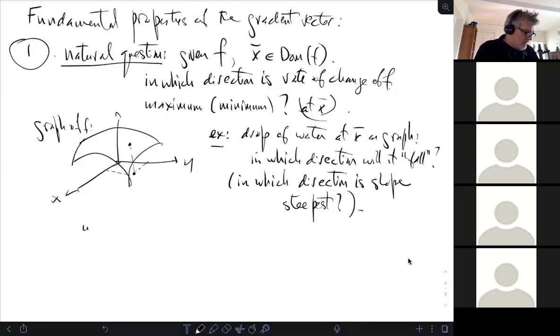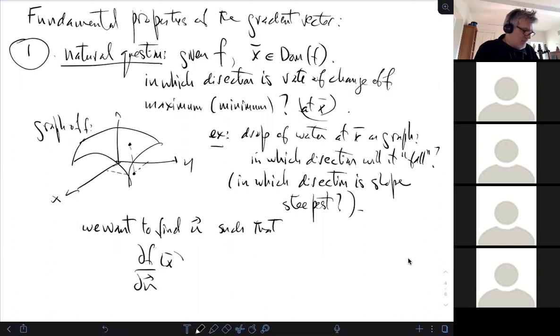So we want to find u such that del f del u at x bar is maximum.